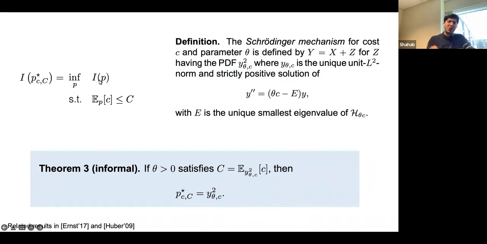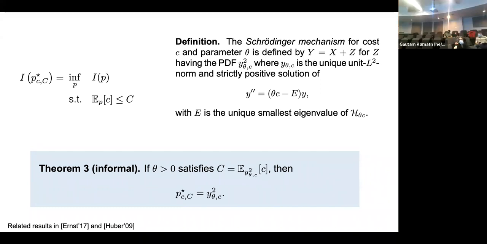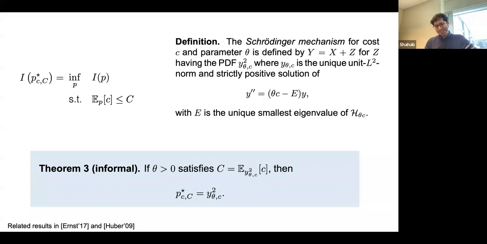There was absolutely no connection with Schrödinger. The connection becomes a little more clear when we pick the absolute value for the cost function. Then the Schrödinger equation just appears everywhere. But intuitively, I cannot really give you any intuitive answer for that.